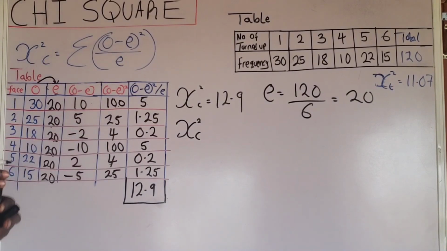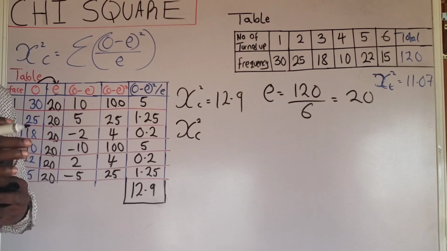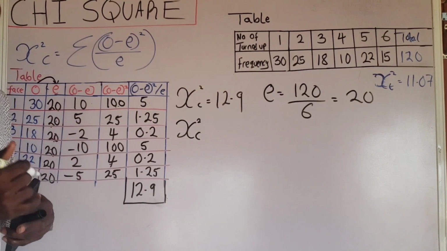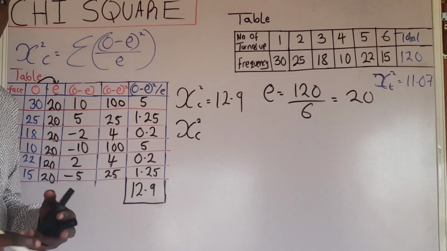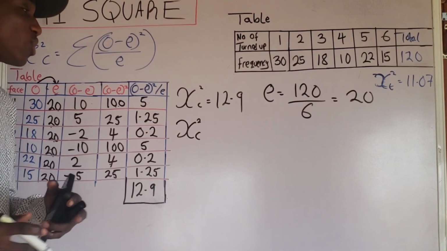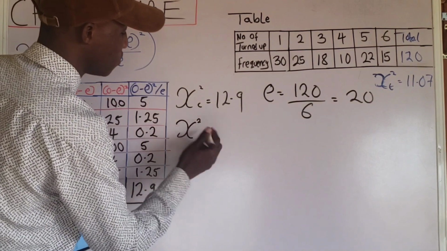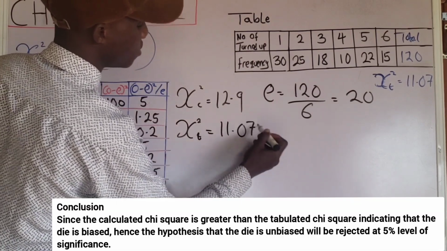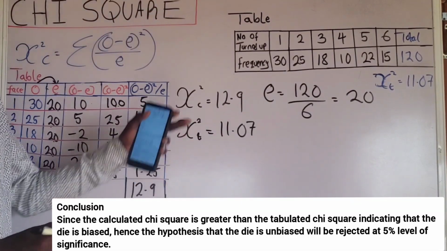Please pay attention. The tabulated chi-square is also known as the critical value. You understand? That is the chi-square that we got from the table. So here the tabulated chi-square, which is xt squared, is equal to 11.07. Don't worry, I'm going to show you how to get this on your table.